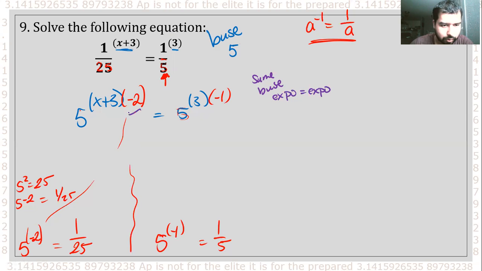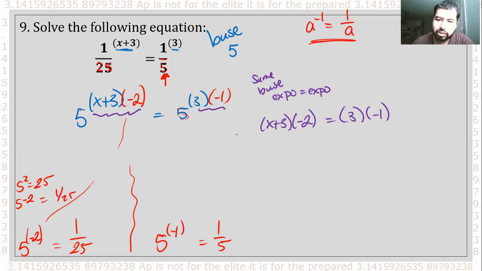So let's set the exponents equal to each other. I got x plus 3 times negative 2 on the left hand side is equal to 3 times negative 1. And from here I can solve this by distributing my 2 into both terms. So negative 2x minus 6 is equal to negative 3. So far so good.